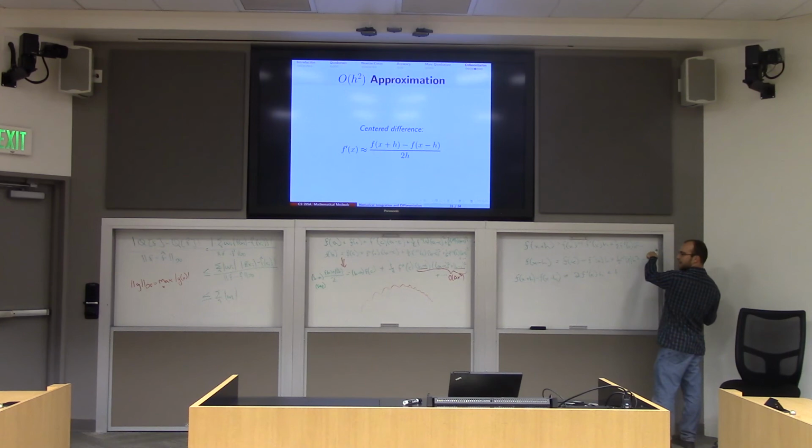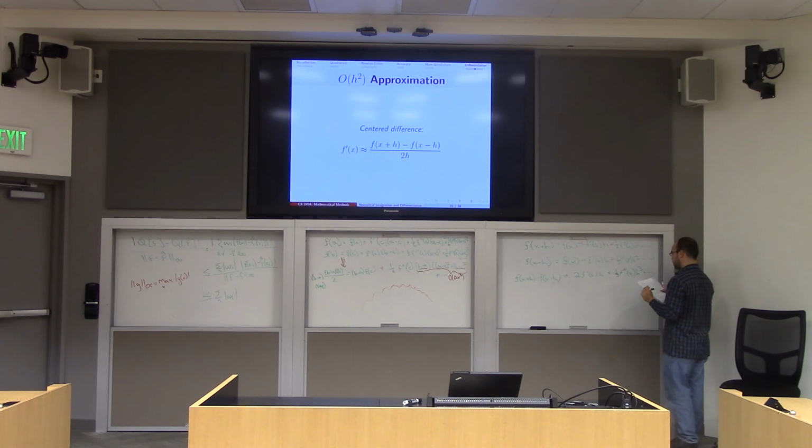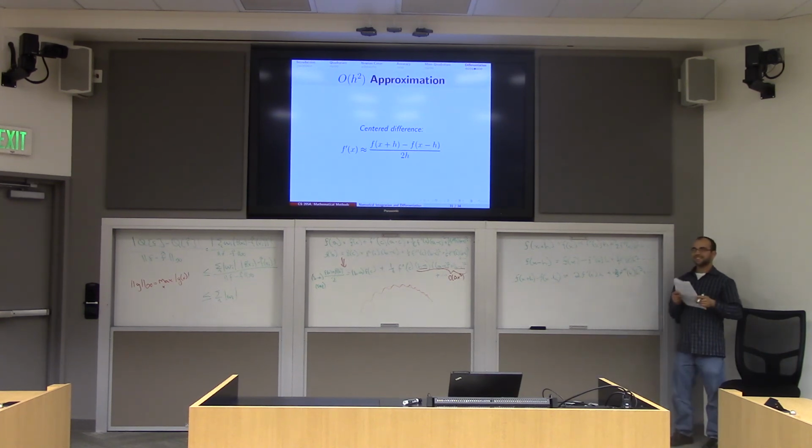In fact, I'm going to add one more term, the next term, so it's going to leave 1/3 f triple prime of x times h cubed. Did I do that right? No, I didn't. It's 2/3. Okay.